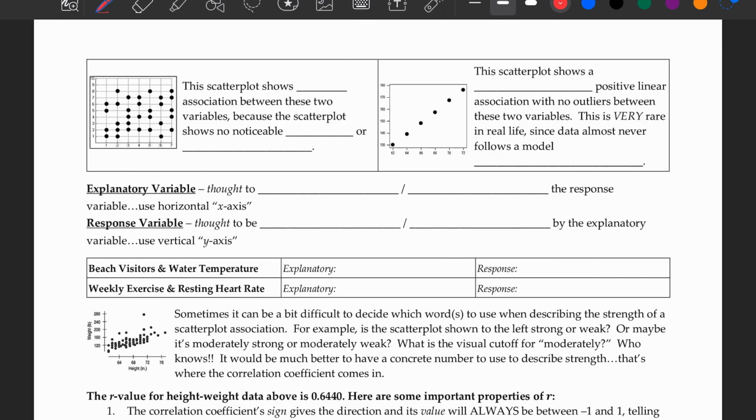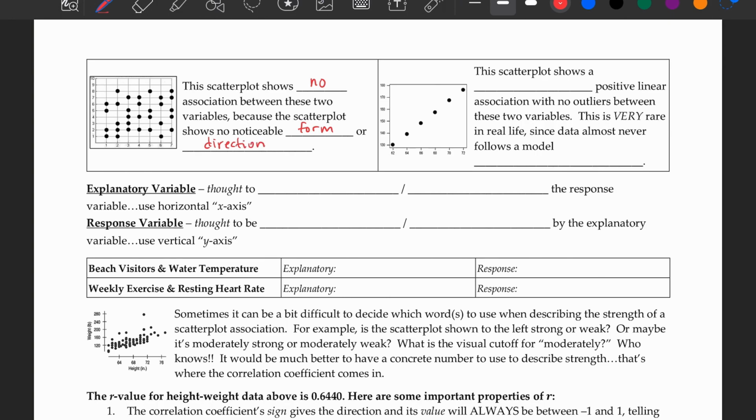So on the backside here, let's talk about some extremes. The very first one over here on the left, this scatter plot shows what we call no association between the two variables. Why is that? Well, that's because the scatter plot shows no noticeable form or direction.